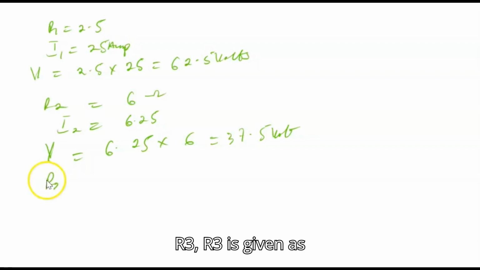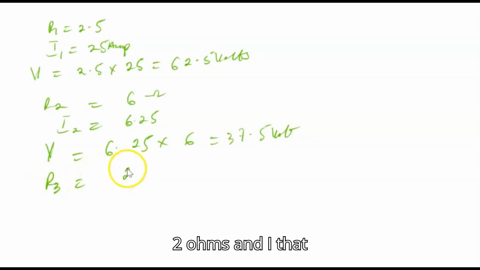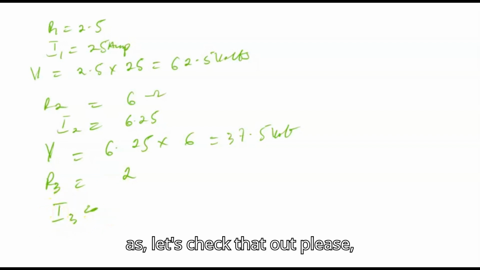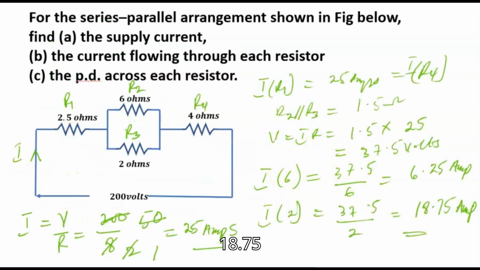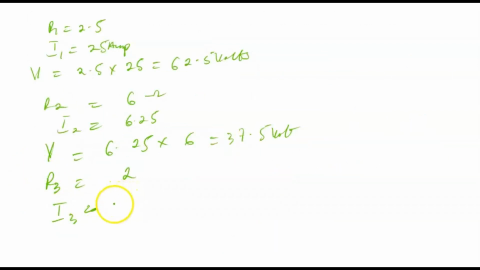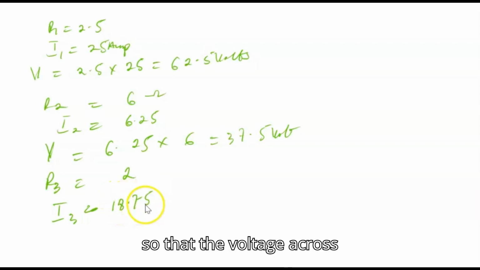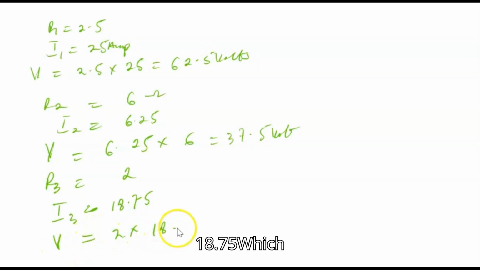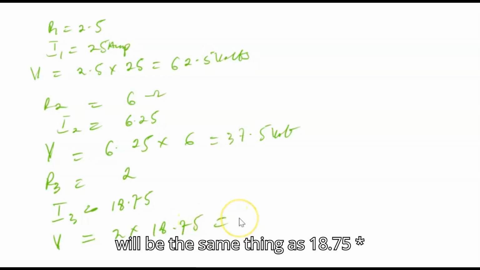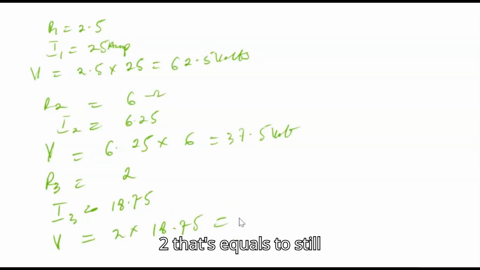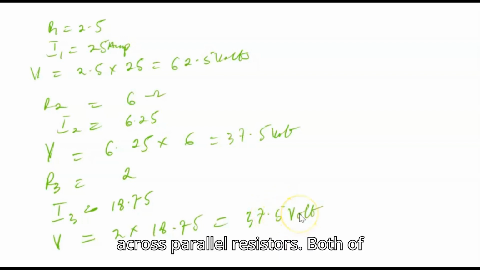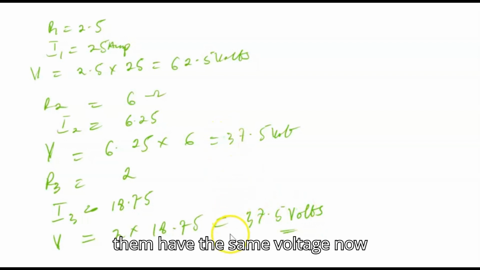Now R3 is given as 2 ohms, and the current that flowed through R3 is 18.75, so the voltage across R3 will be 2 times 18.75, which is equal to still 37.5 volts. Now you can see that this confirms voltages across parallel resistors: both of them have the same voltage.